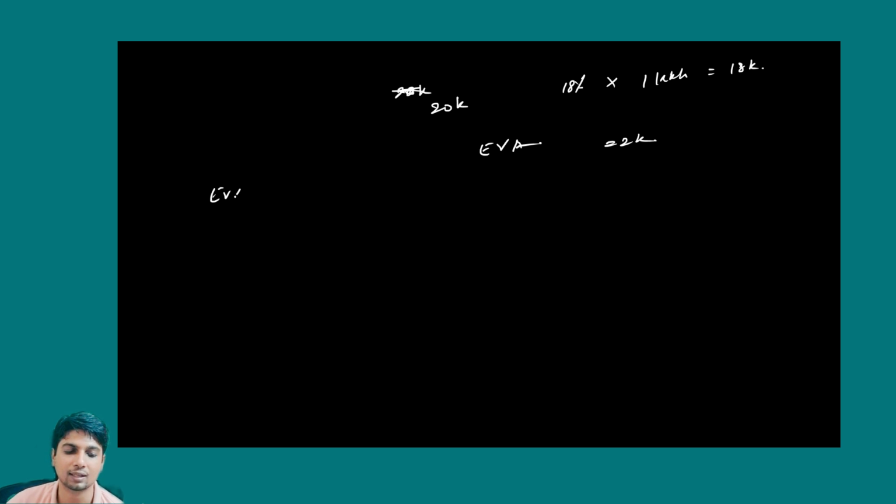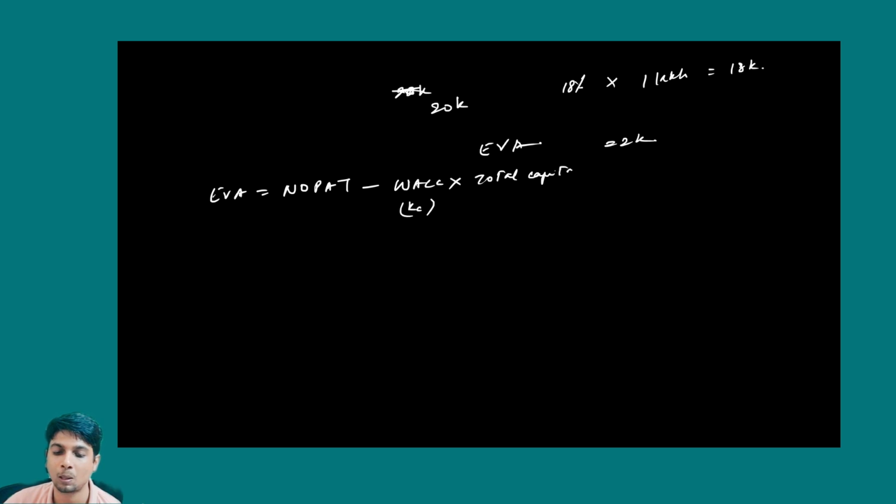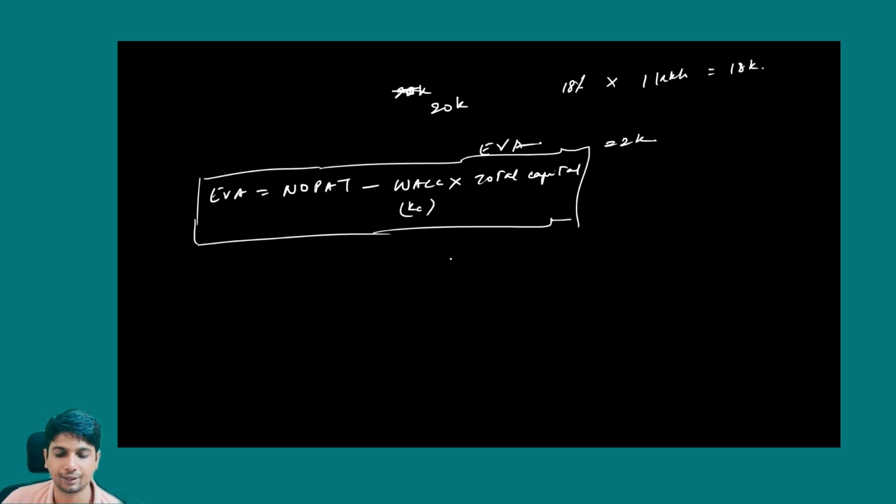So EVA, this economic value added, is nothing but NOPAT, net operating profit after tax, minus weighted average cost of capital, or you can also write as Kc, into total capital. Right.